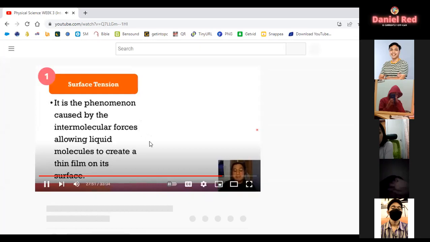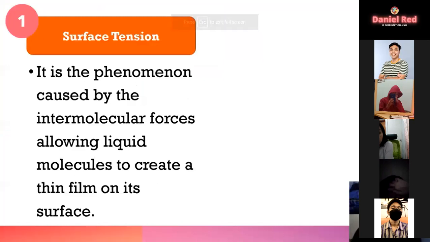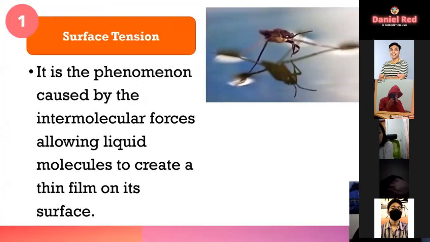Thin film on its surface. This is the reason why some organisms look like they are walking on the surface of the water. But remember, this is no magic, because the science behind it is surface tension. So let's give this illustration.